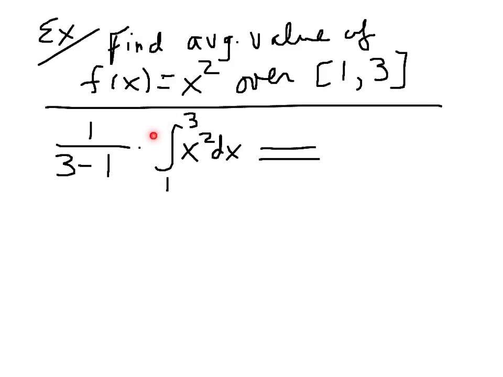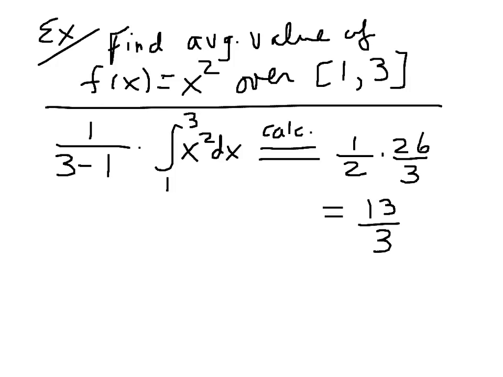On the TI-89 or on the Inspire CAS, doing that is a pretty simple operation. And so this is equal to, by using our calculator, 1 over 2 times 26 over 3, or 13 over 3.